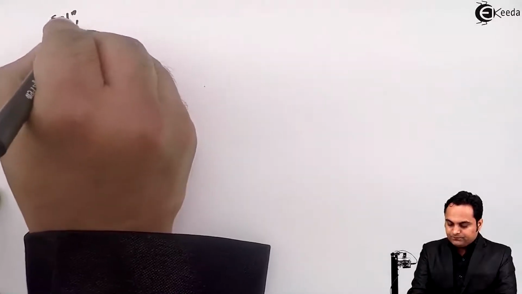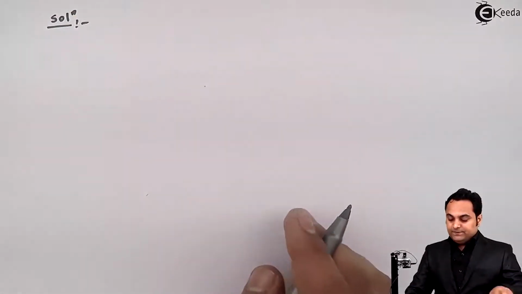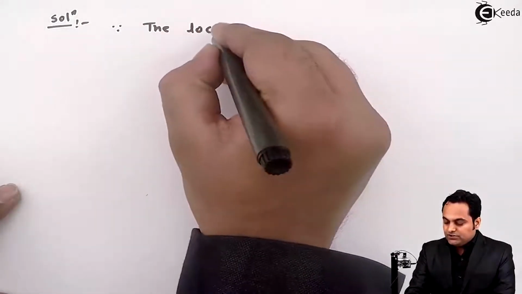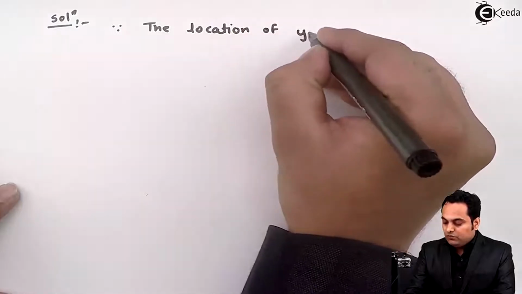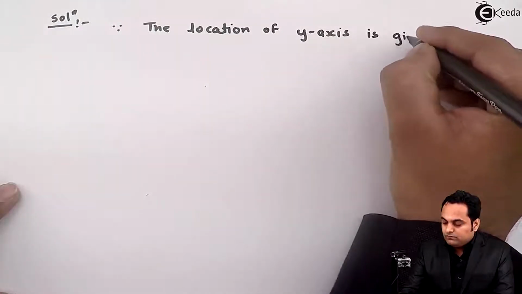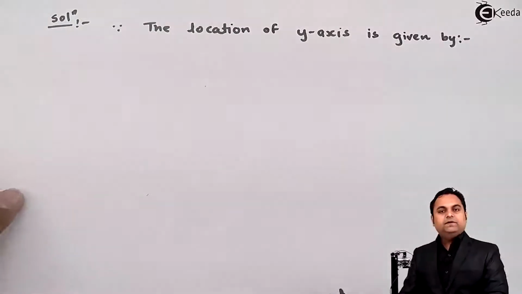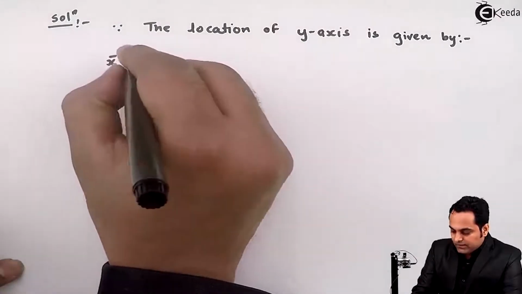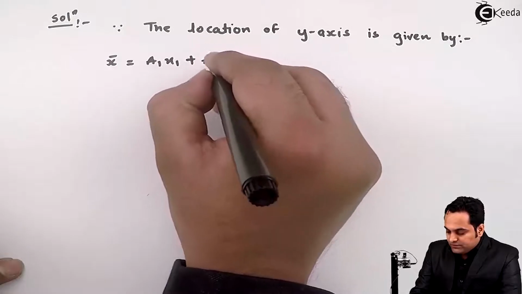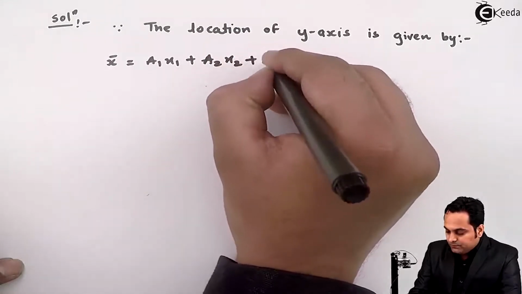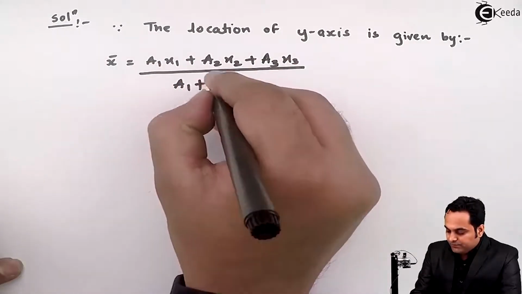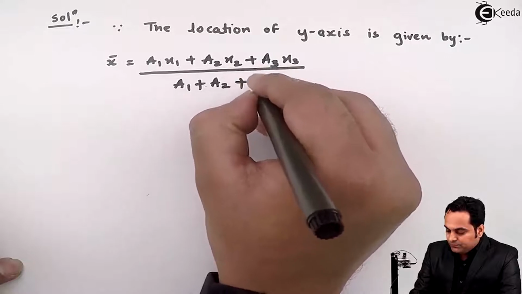Solution. First, since the location of the y-axis is given by x bar is equal to a1x1 plus a2x2 plus a3x3 upon a1 plus a2 plus a3.